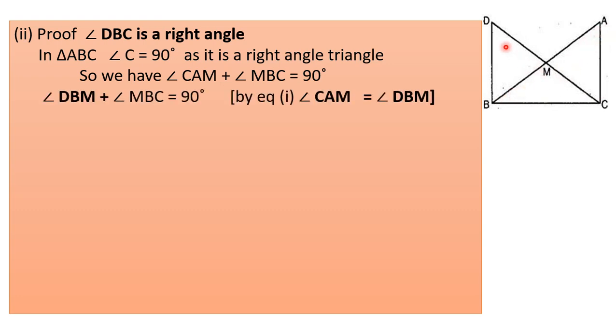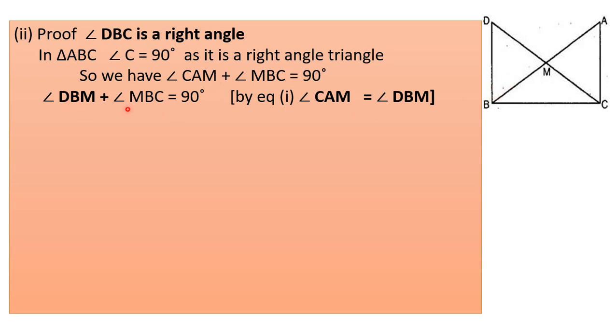So angle DBM plus angle MBC. As we have written in the first proof by CPCT, this angle A is equal to this angle B, so in place of CAM we can write angle MBD, or DBM.